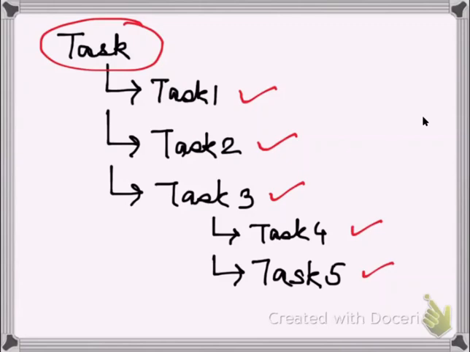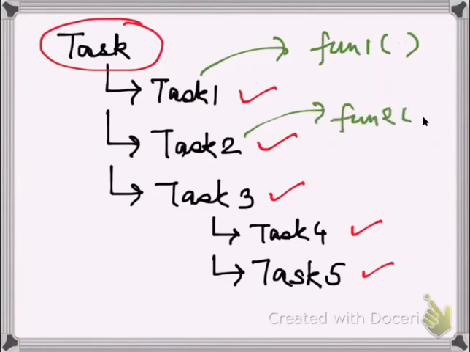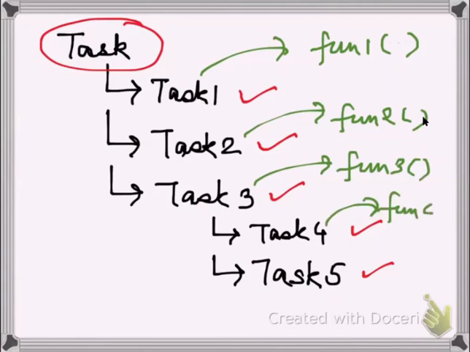So the approach that we have always followed is that we wrote functions for each of these. We wrote a function, say function 1, for task 1. For this task, we wrote another function, function 2. For task 3, we wrote another function, function 3, and functions 4 and 5.